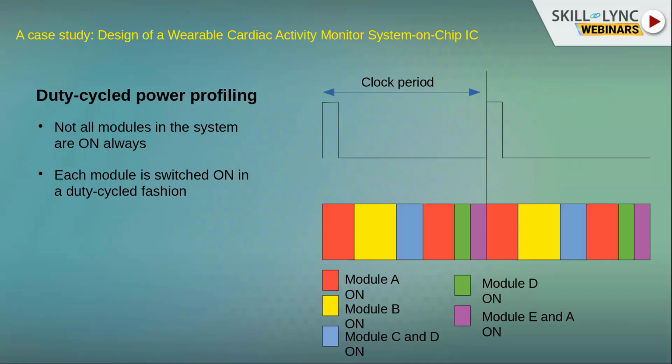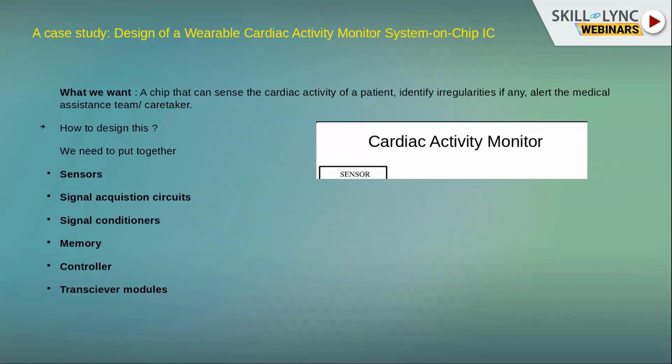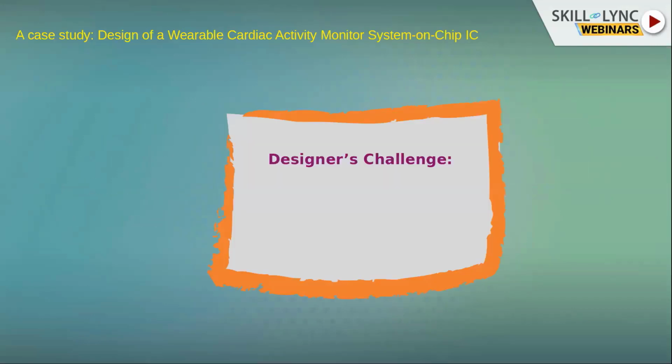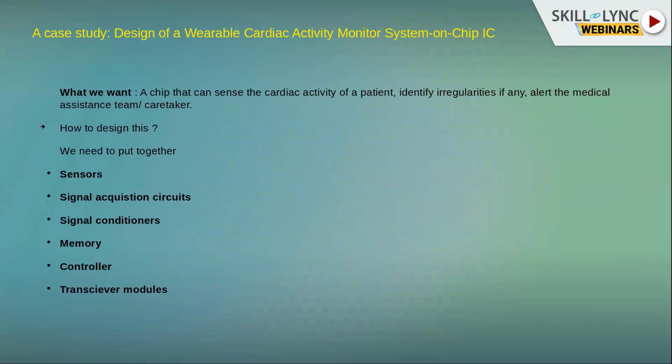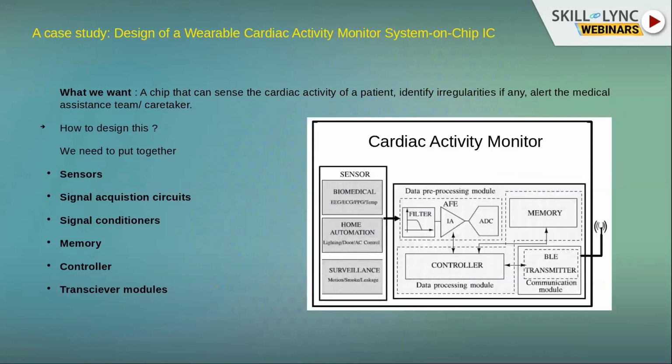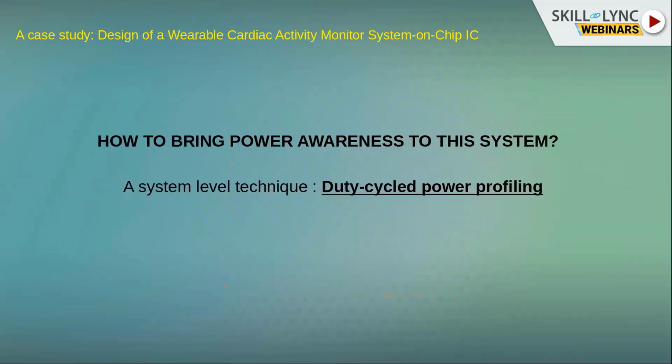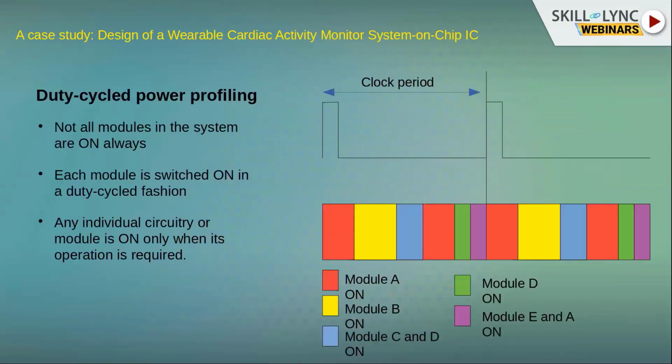Let's say we have modules A, B, C, D, E on this board, as we have seen here. We have the sensors and all these modules up to the transmission module. So let's assume A, B, C, D, E are all these different blocks. At any point of time, I don't want all these modules to be on.